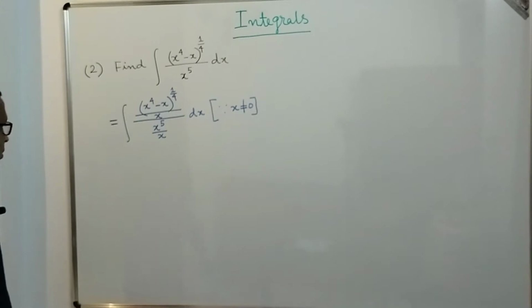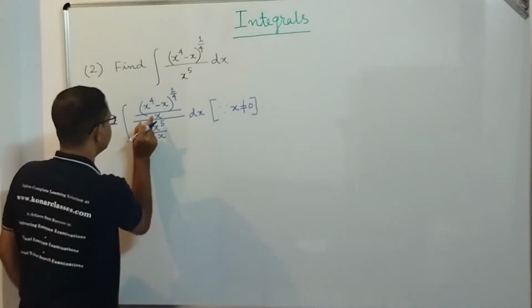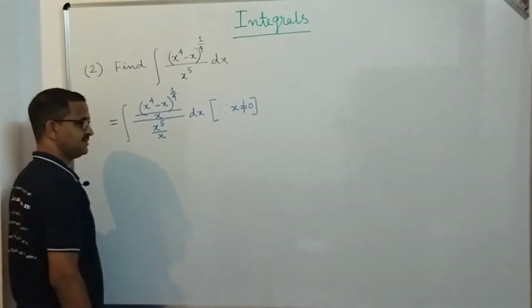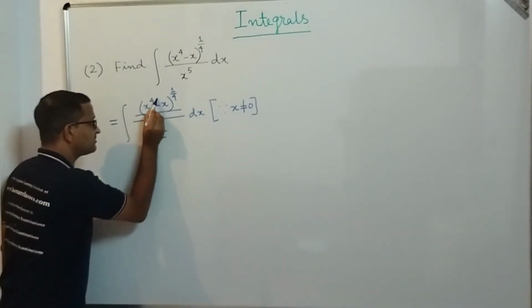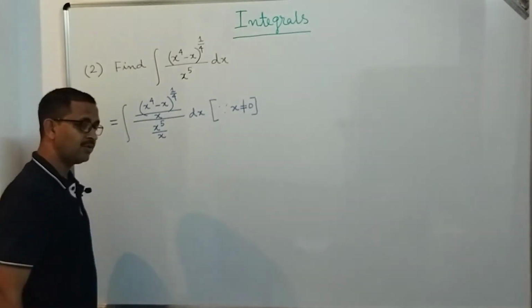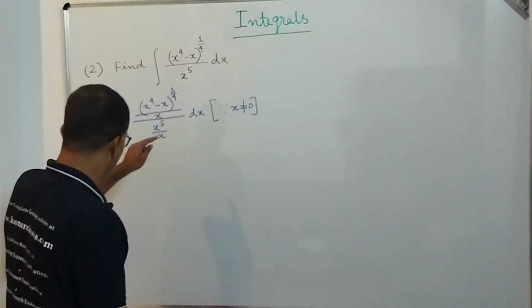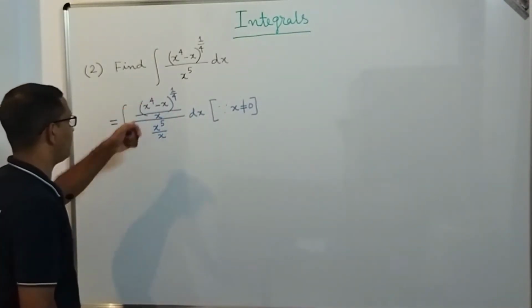Correct? Now after that, if x goes inside, it becomes x to the power 4. Why? Because the expression you see here is power 1 by 4. So once it goes inside, it will become power 4.